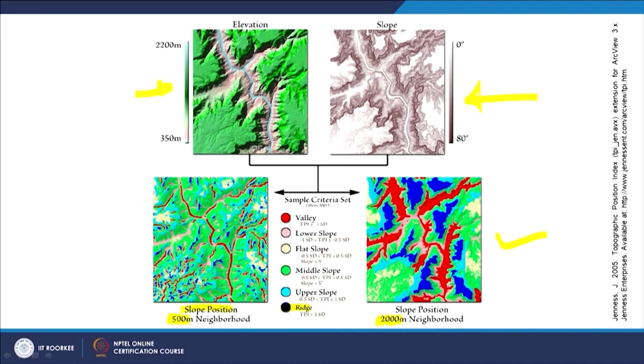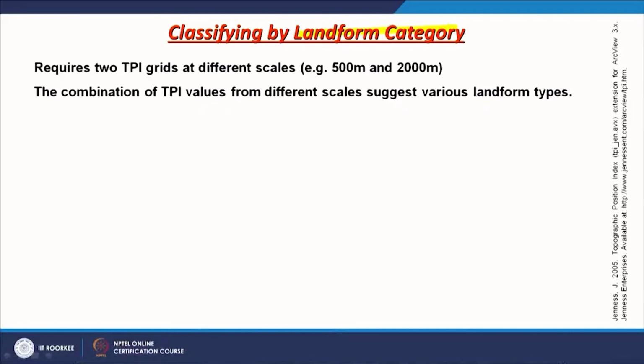Compared to 500 meter spatial resolution, both valley and ridge areas are relatively very small. The terrain is the same, except the resolution has changed, and your identification of different features based on slope classification will also change. Now you can classify based on landform categories.